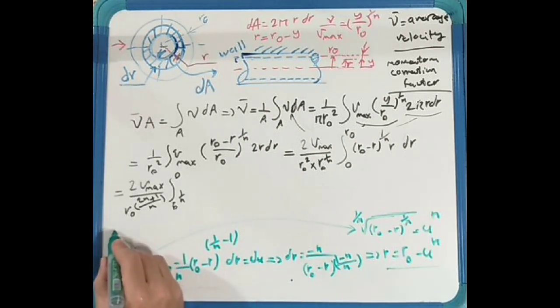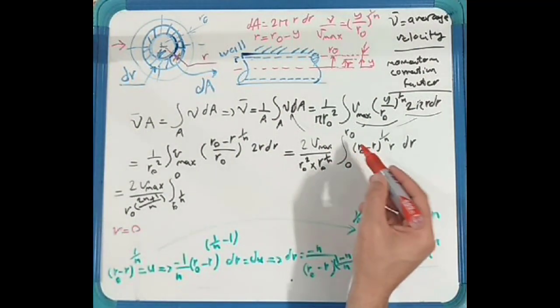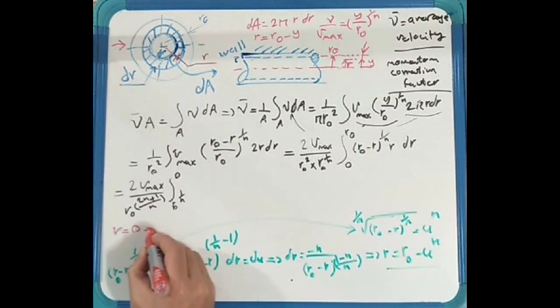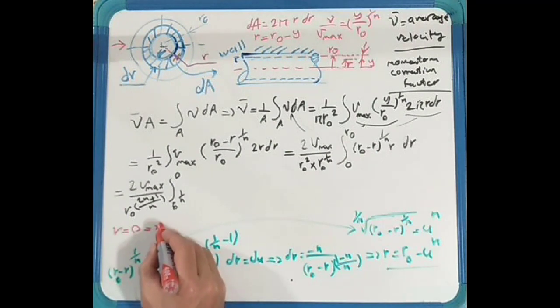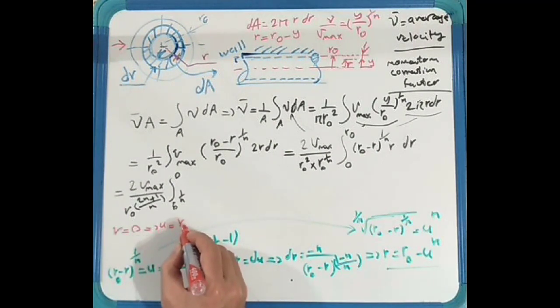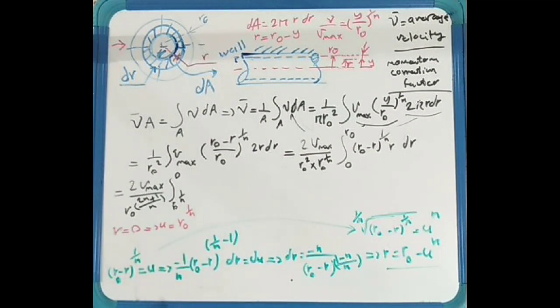Let me change the color. If R equals 0 from this one, then u equals R0 to the power of 1 over n. Okay, if I put 0 here, u will be something like that.